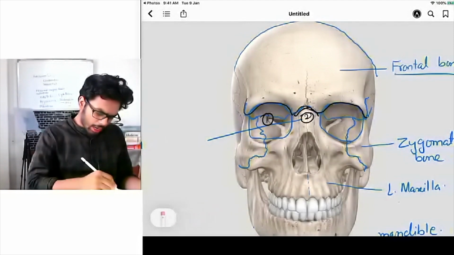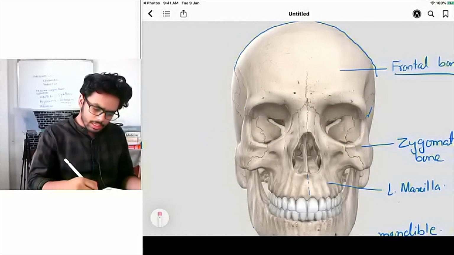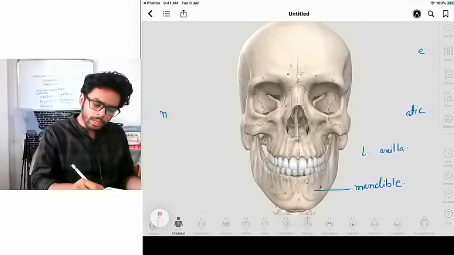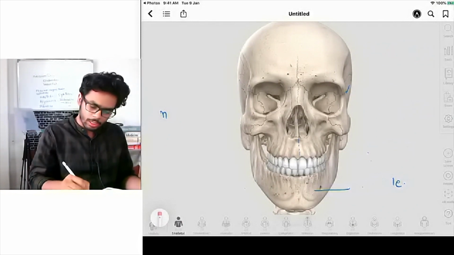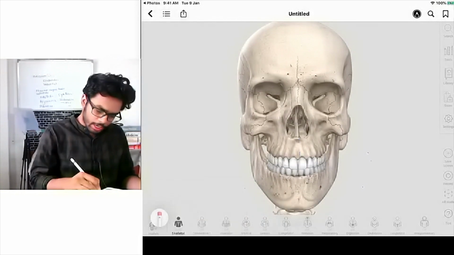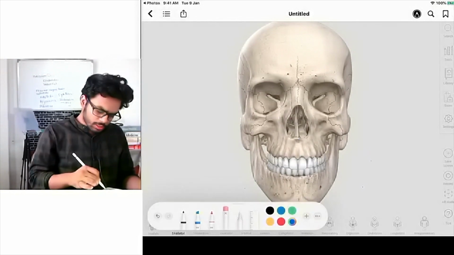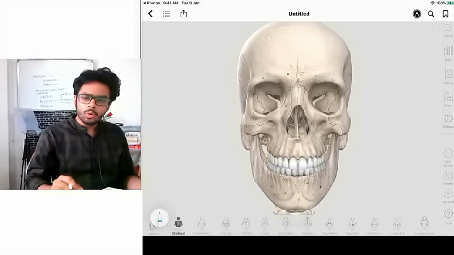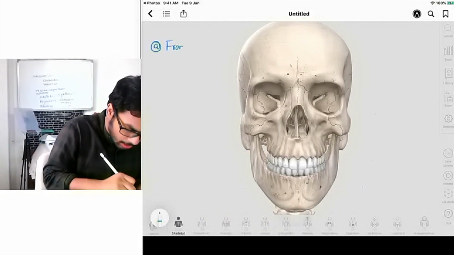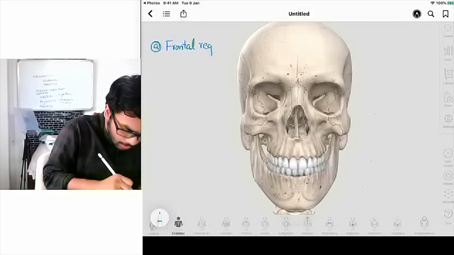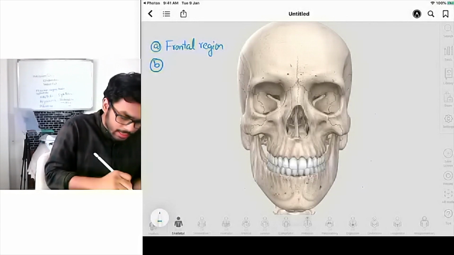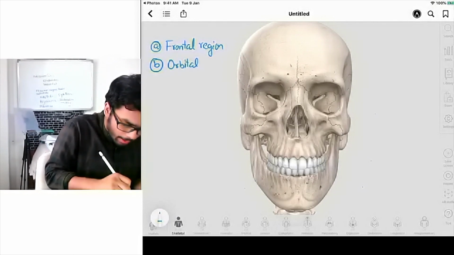Before going into much detail about the frontal bone, we will divide the whole frontal view into different regions. Just note down all the regions which we are going to study in this view, because it will be easier for us to study region-wise. First is the frontal region of the skull in Norma Frontalis. Second is the orbital opening.